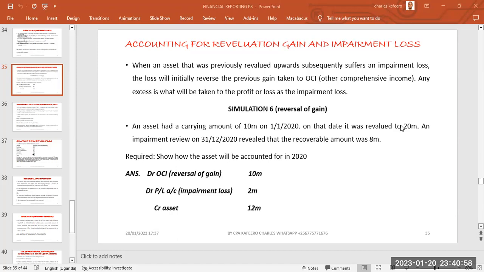So there is no need for that adjustment. That's why we don't talk about it. The only challenge is if the asset had a gain in the previous year and now it is going to have an impairment loss.